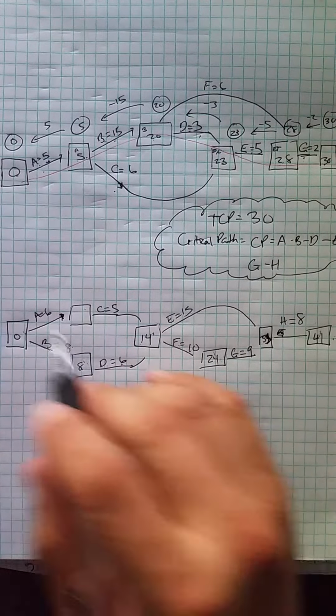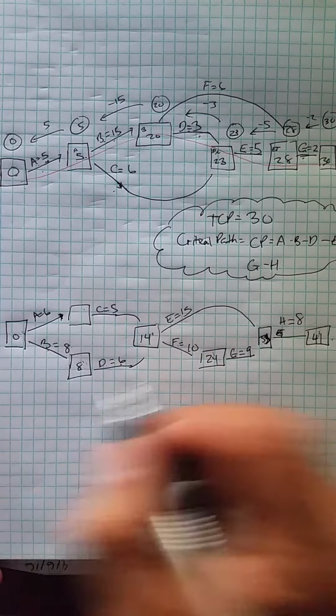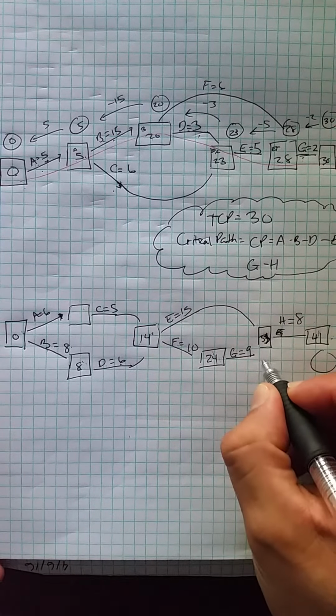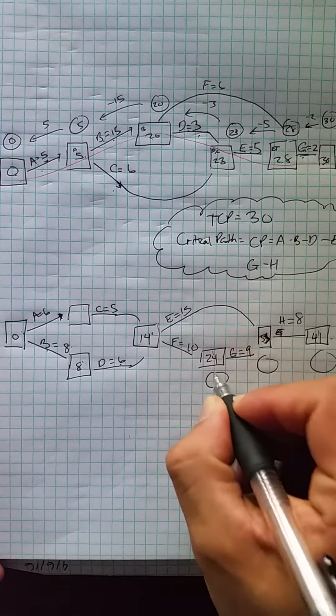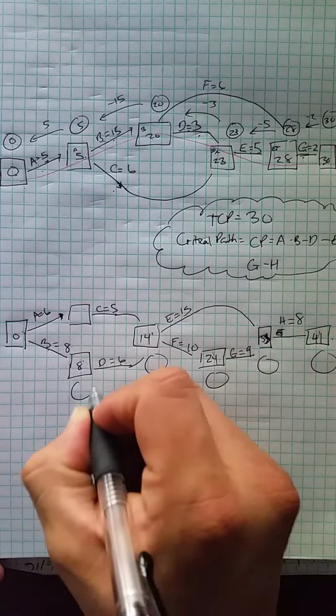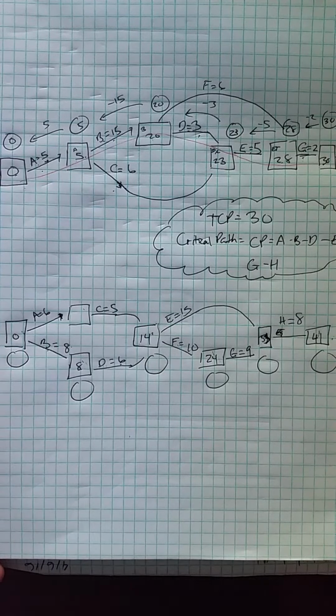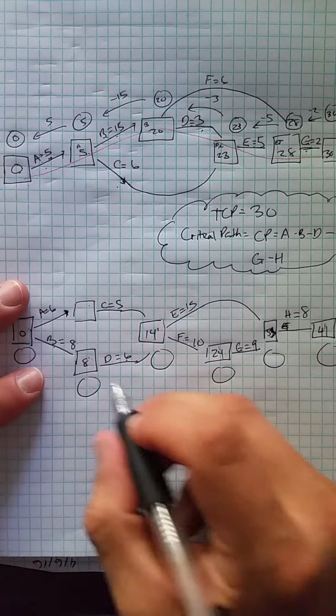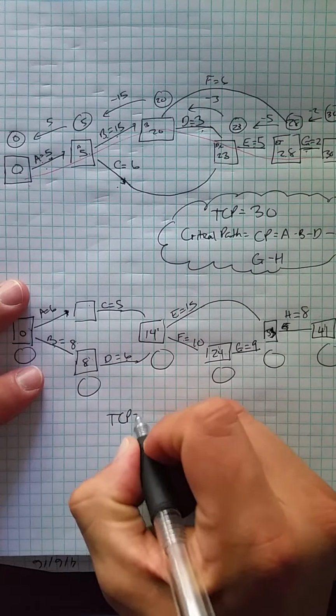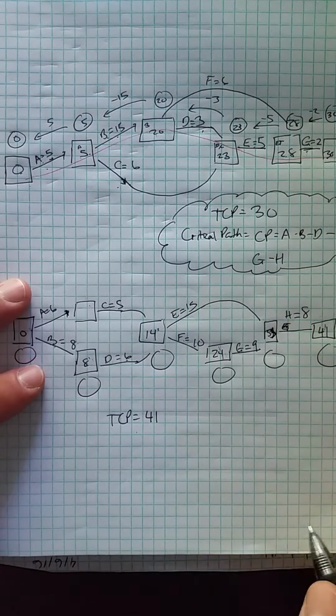So this is the route that we want to take. Now we draw nice little circles, because all we're going to do is go backwards. So we see that the TCP will equal 41.